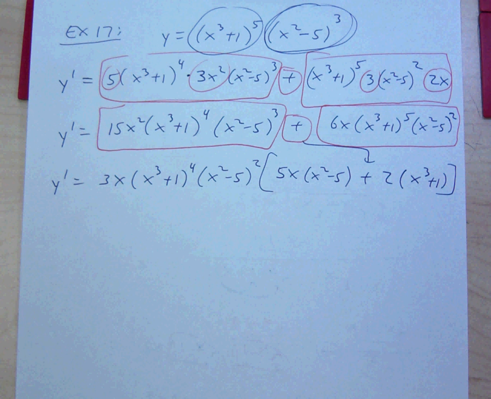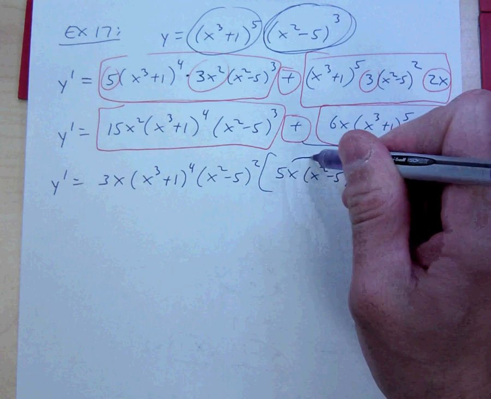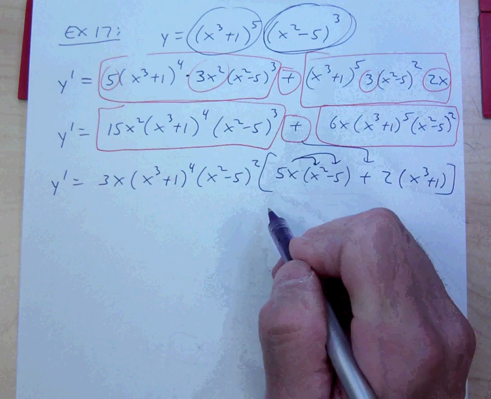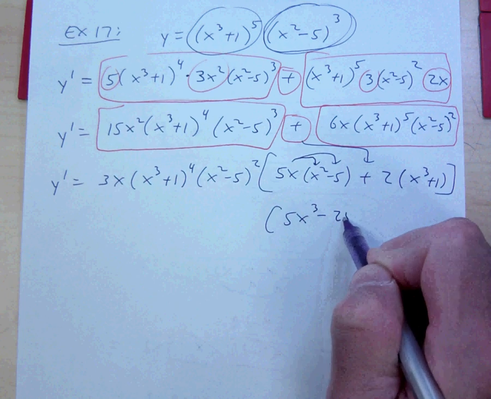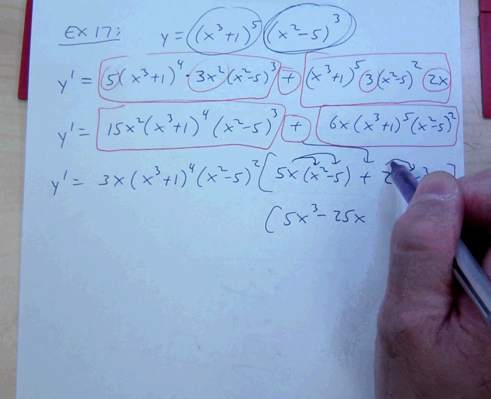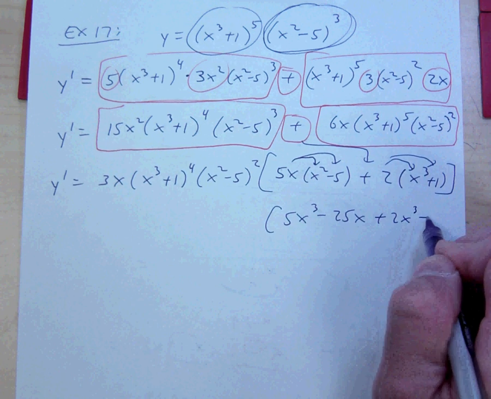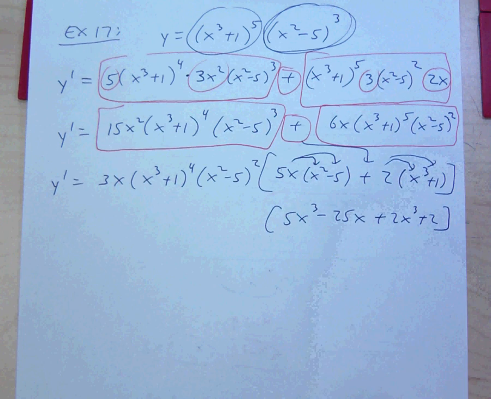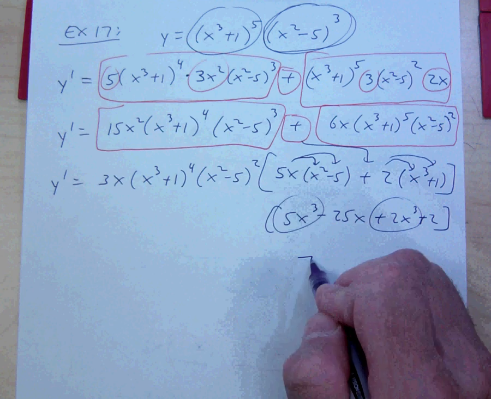Right? Okay, so at this point, I'm going to distribute the 5x there and there. And then here I'm going to distribute the plus 2 here and here. And then, let's see, I can combine those x cubes. I'm getting there, guys.